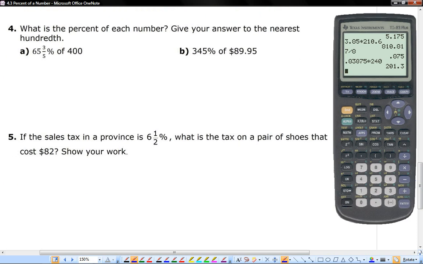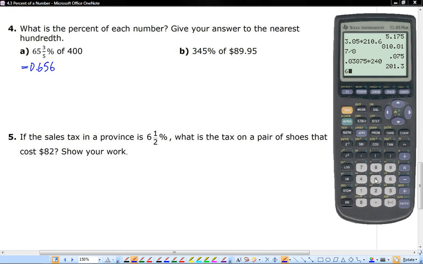In number 4, we're asking what is the percent of each number, and give your answer to the nearest hundredth. So same kind of thing in this one. We're going to take that 65 and 3/5%, change it into a decimal by dividing it by 100. So 0.656.